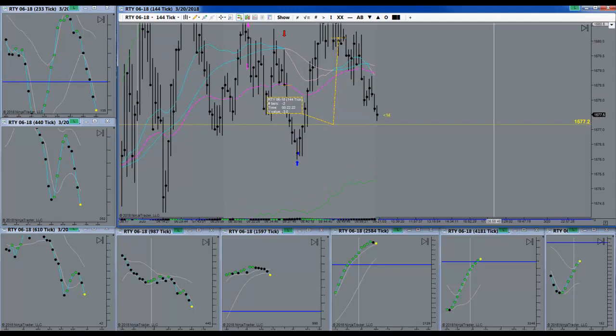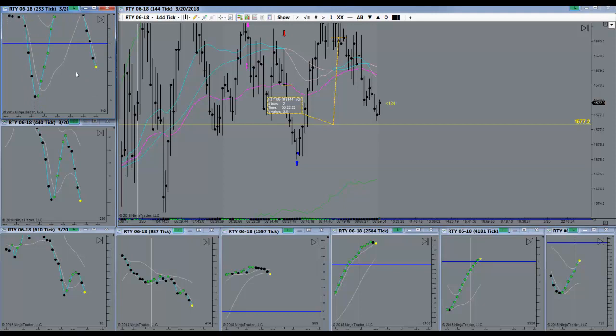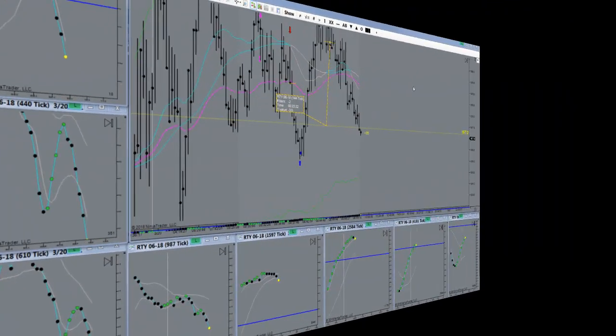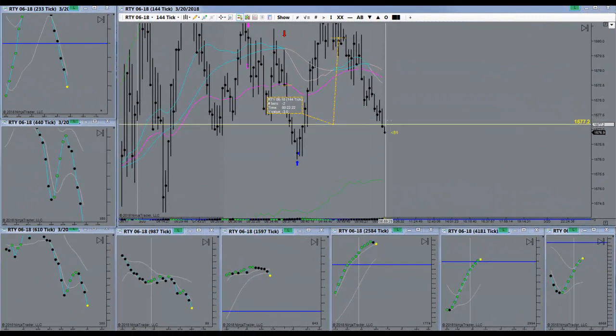Come on, you can do it. Looking at the BBs here, there's no reason it shouldn't hit target. And there we go. Bam, hit target.